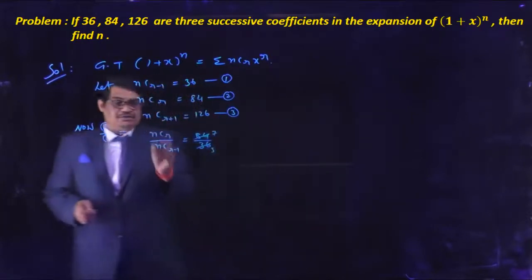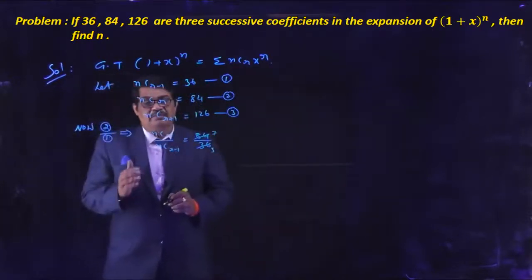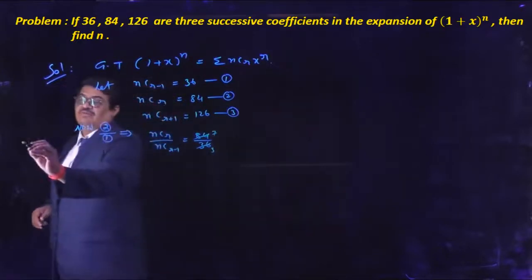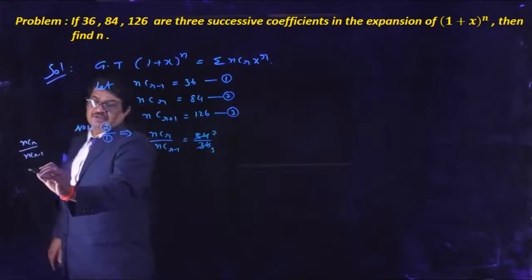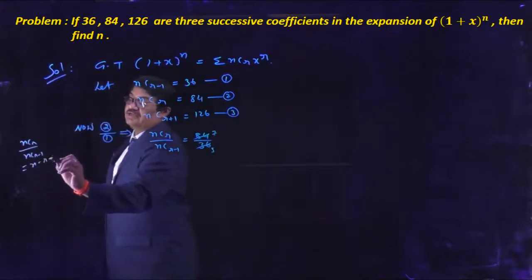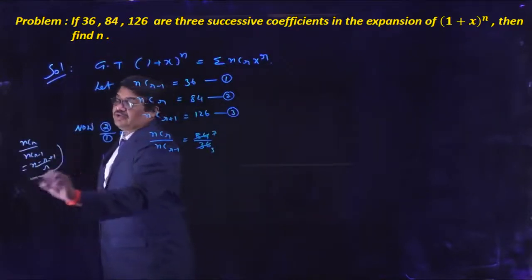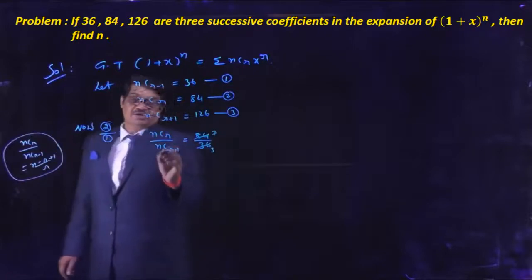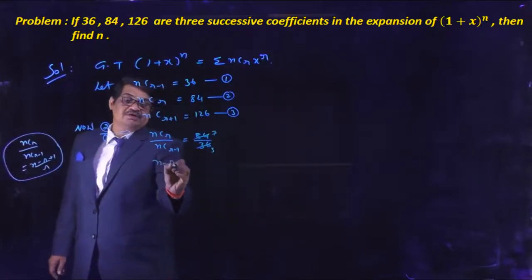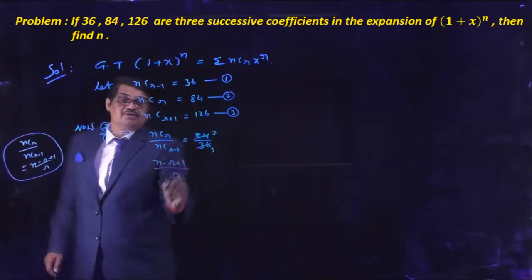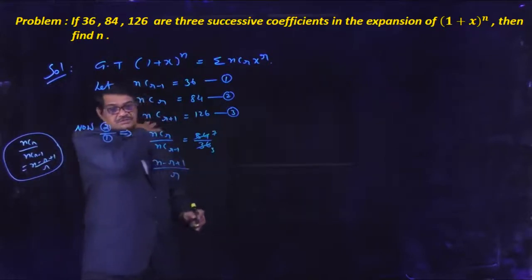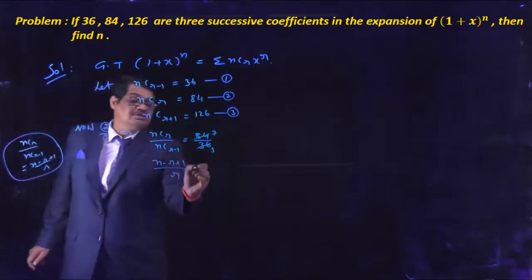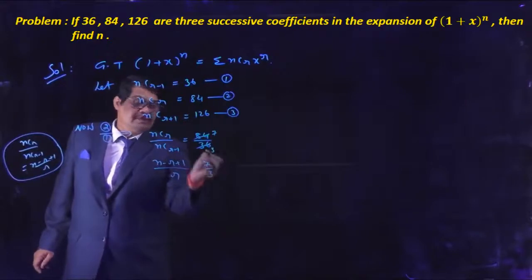Now the formula nCr by nC(r minus 1) is equal to n minus r plus 1 by r. We are using this formula here. So n minus r plus 1 by r is equal to 7 by 3.